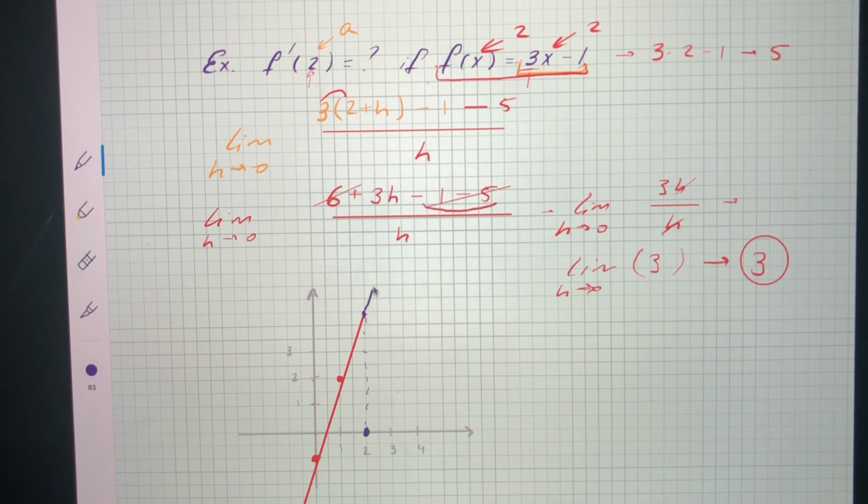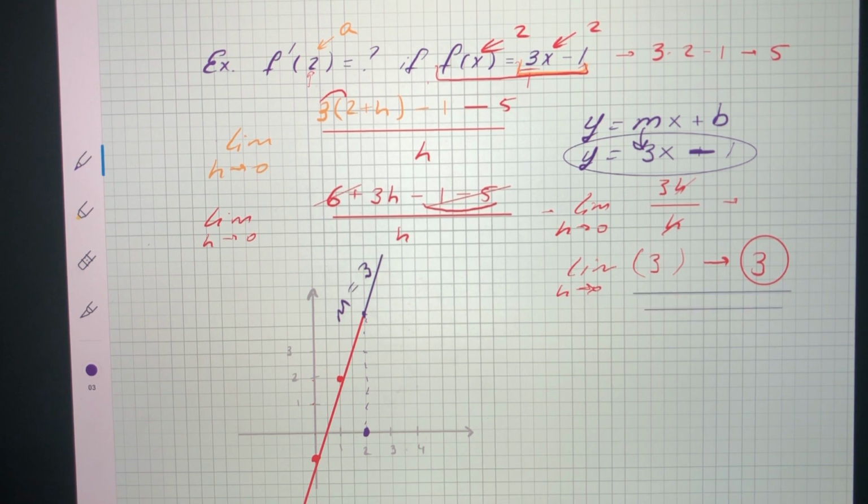Well, the slope for this line is always the same. It's always 3, because the slope is in the form mx plus b, and for us the m is equal to 3. So for our example, the slope is always going to be 3, and that's what our definition told us.